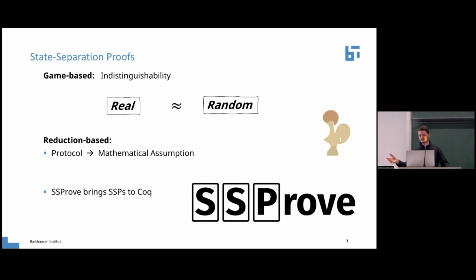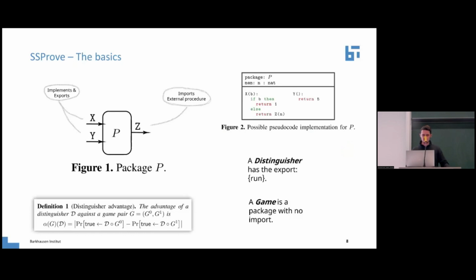And now SSProve brings this to the Coq theorem prover. And here, why do we need this extra library? Because we talk about probabilities, and we talk about state, which this library provides, because it's not given in the book yet.